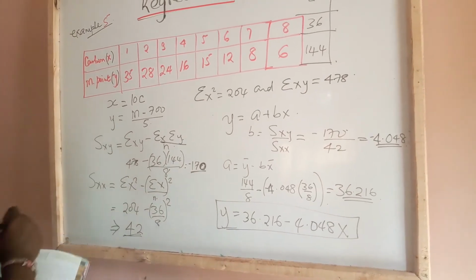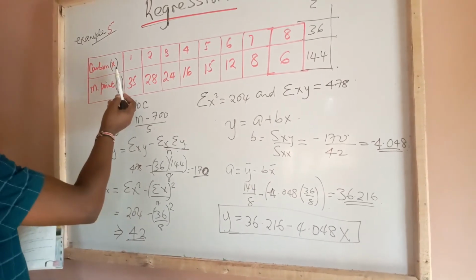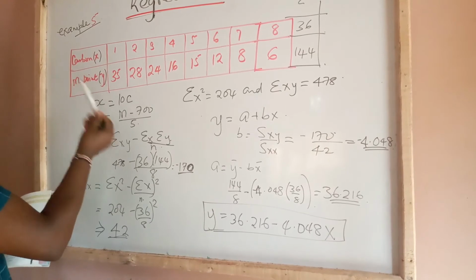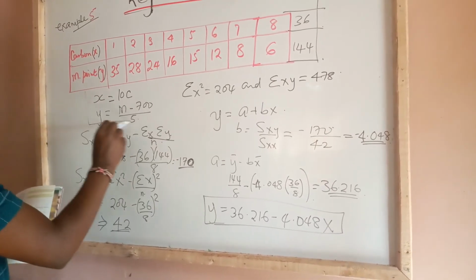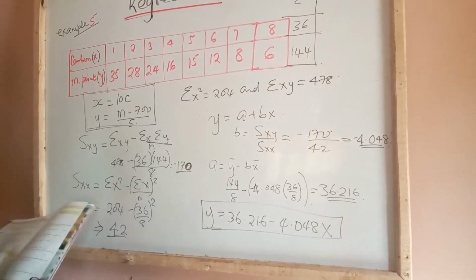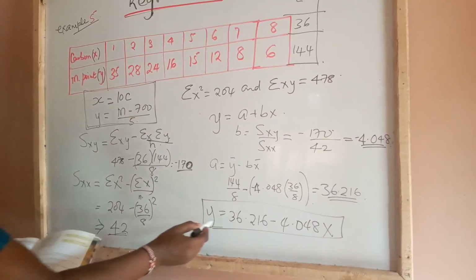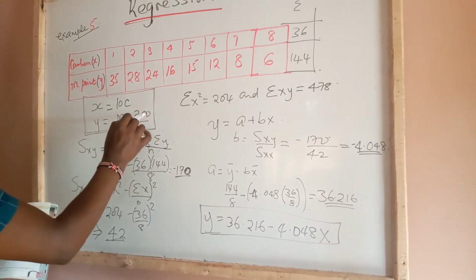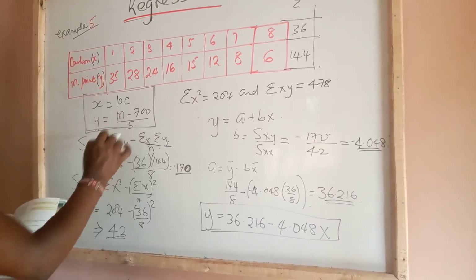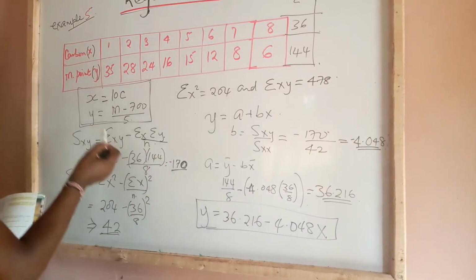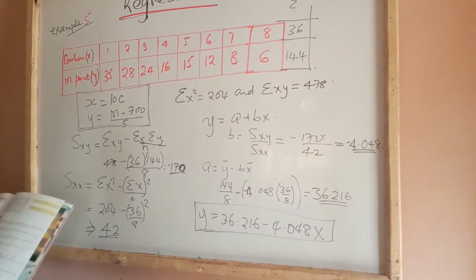We understood in the beginning that x is already a coded value and y is already a coded value, and the coding formulae are here. So every time we see y, we must realize that y is equal to (m minus 700) over 5. And every time we see x, we must remember that x is equal to 10c.